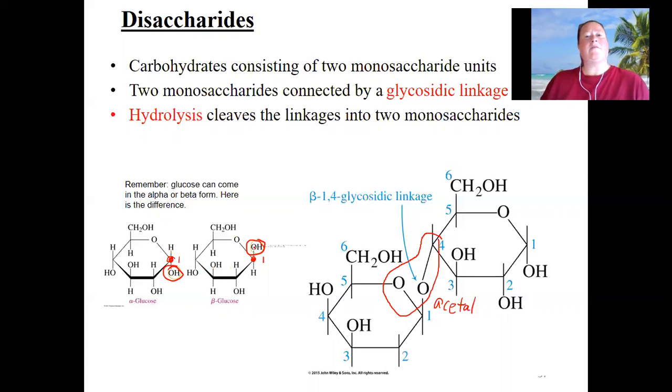Sometimes they're both alpha, sometimes they're both beta, sometimes there's one that's an alpha, and sometimes there's one that's a beta. So if you look at this right here, that is the symbol for beta.